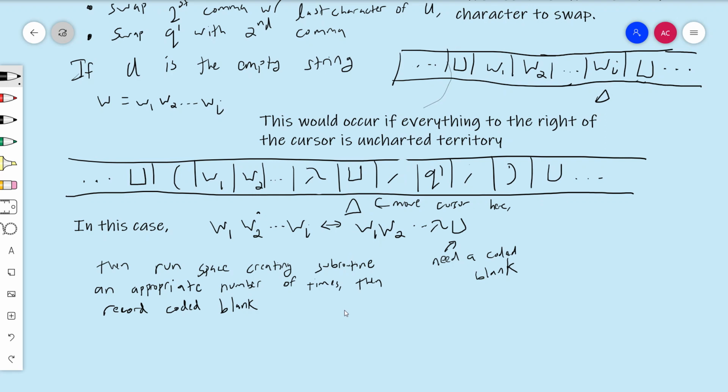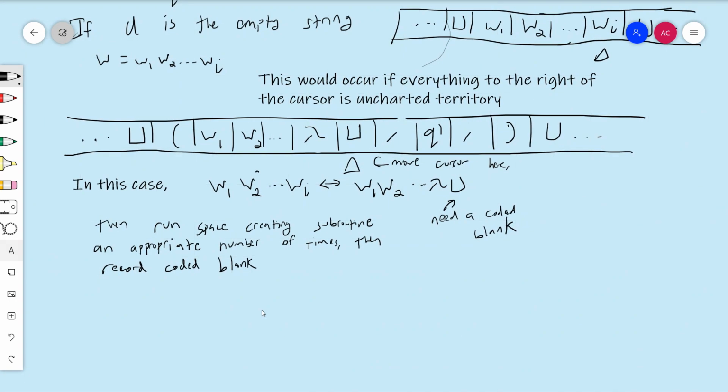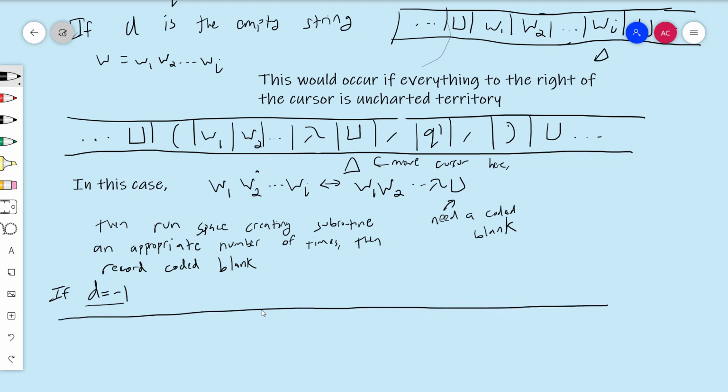And then if d equals -1, do I want to go over this? Yeah, I'll go over this. If d equals -1, it's going to be similar, but it actually ends up being simpler. I'll go ahead and skip ahead to when I've finished drawing this.